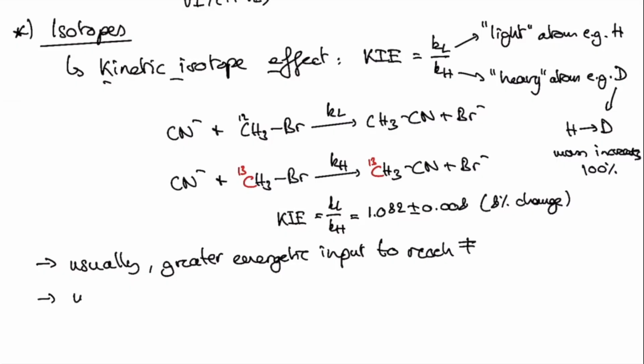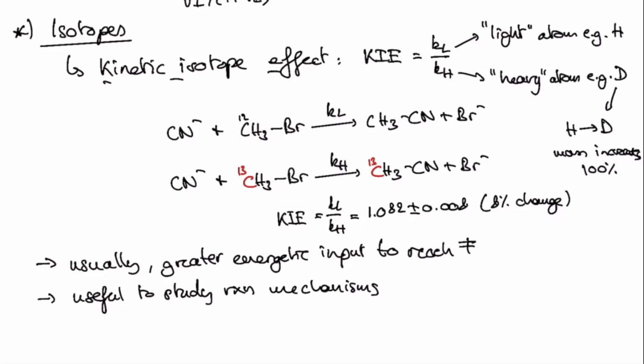So it's useful to study reaction mechanisms. Why? Okay. Imagine this reaction of cyanide and methyl bromide would go through an SN1 reaction. So SN1 would mean first the leaving group, so bromine, would go off, and then the cyanide would attach and you would get the product.